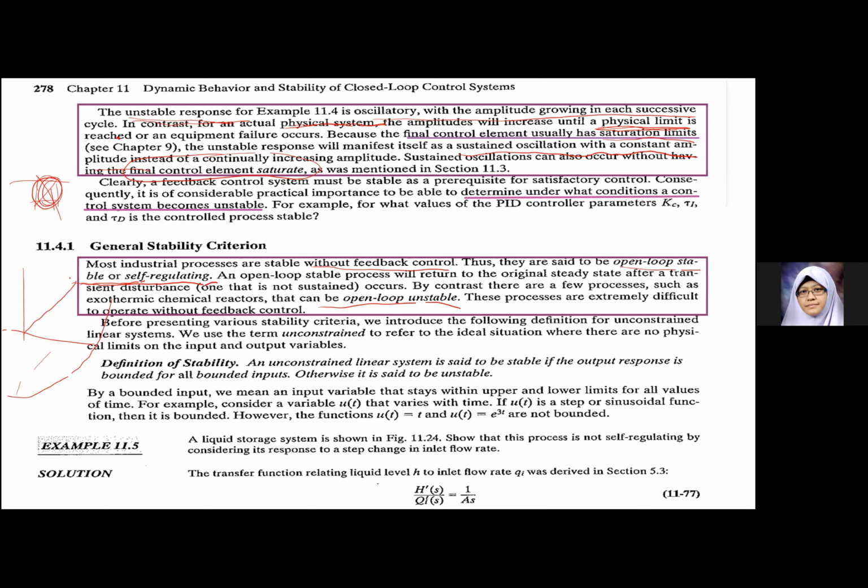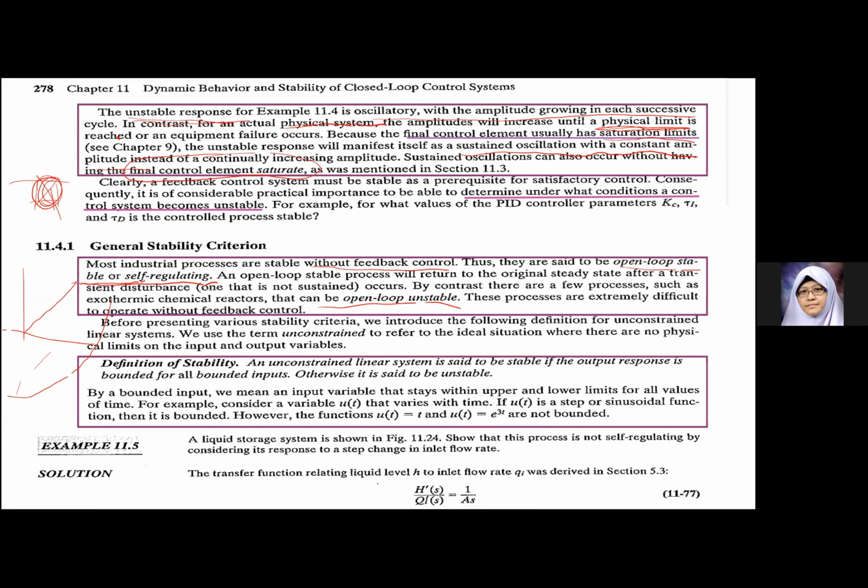So a pure integrator theoretically is an open loop unstable system, because if you let it grow, it will go on to infinity. But if it is being manipulated, then of course it can become stable. But on its own, it is an open loop unstable system. It's a non-self-regulating system. Okay.